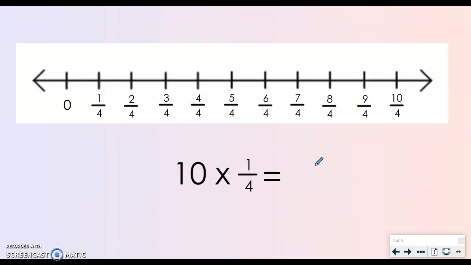Another way we can solve these kinds of problems is with the use of a number line. So we can use models or we can use a number line. Here I have the problem of 10 times 1/4. If we have a number line set up here, I would always start at 0, of course, and we would do 1 hop for each time we're multiplying.